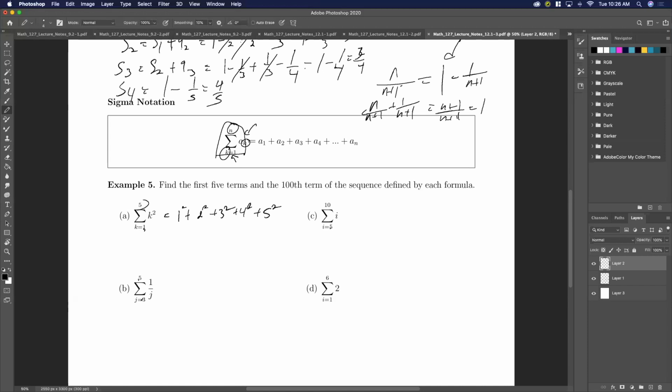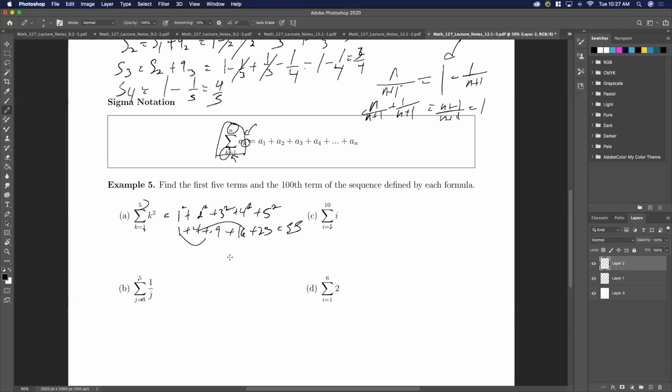So this is 1 plus 4 plus 9 plus 16 plus 25. That's 10, that's 20, 30, 30 plus 25, so this is 55.